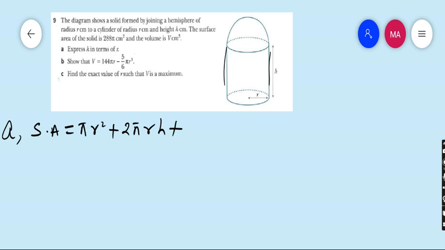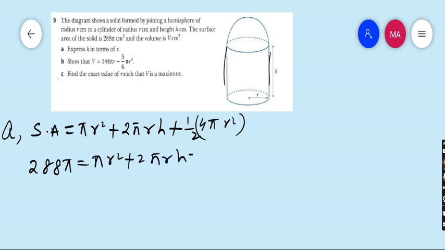The full sphere is 4 pi r square, therefore the hemisphere is 1 upon 2 of that, 2 pi r square. The surface area is given as 288 pi, which is equal to pi r square plus 2 pi r h plus 2 pi r square.